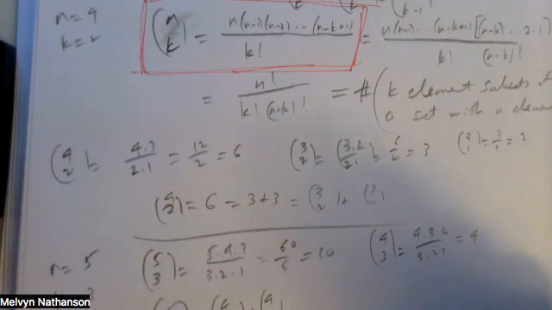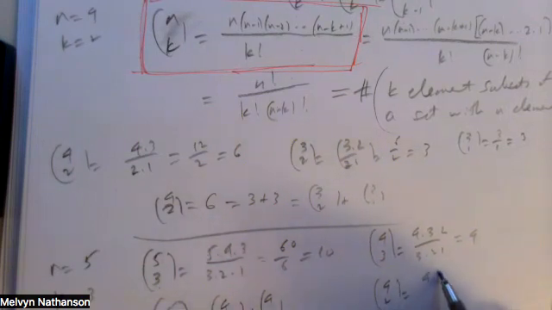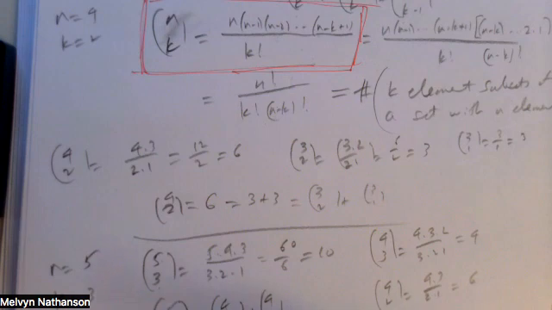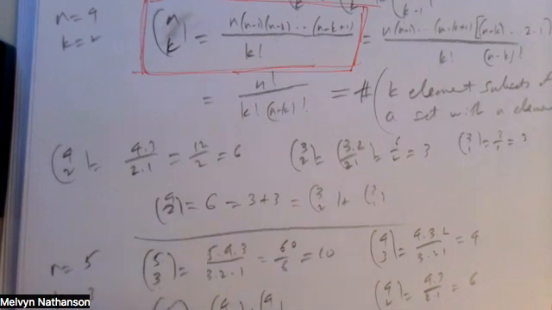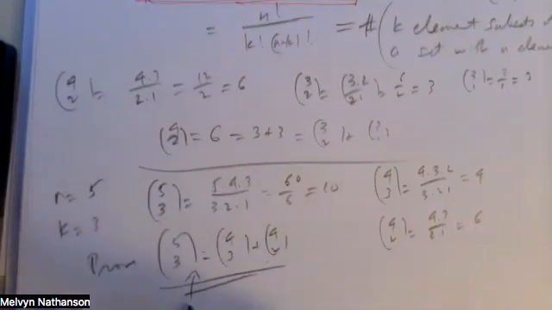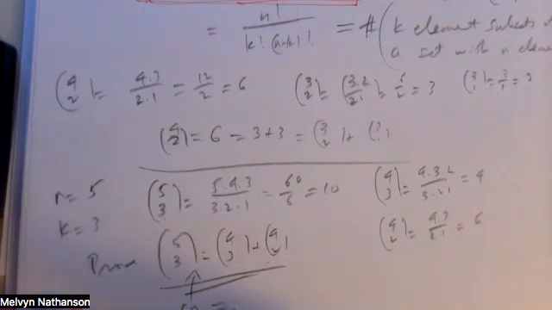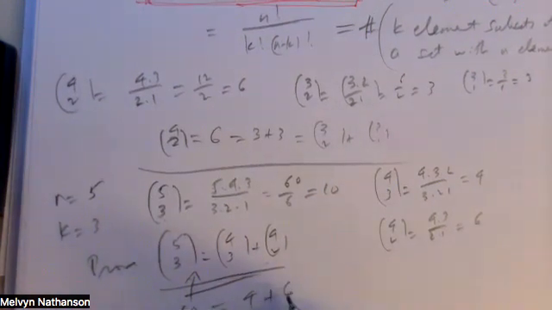That's 4. What is 4 choose 2? 4 times 3 over 2 times 1, that's 6. And it is true that 10 equals 4 plus 6. So these are just examples of what it is we're trying to prove.